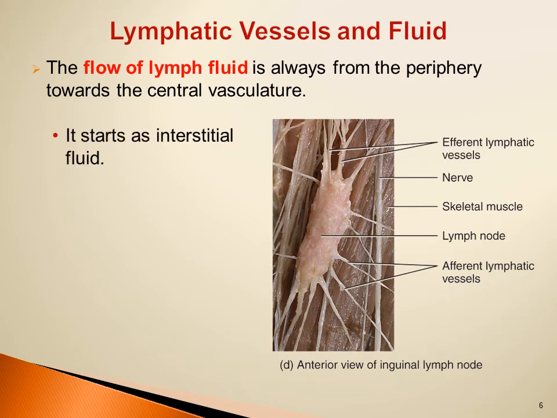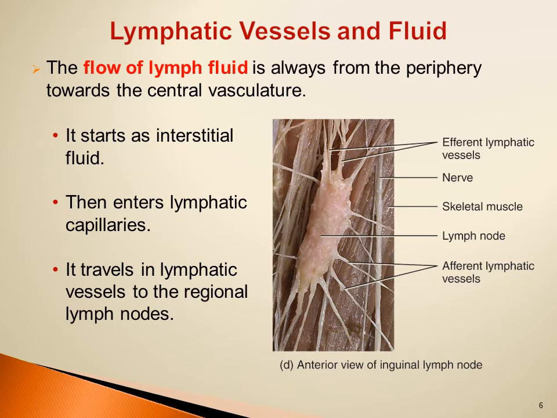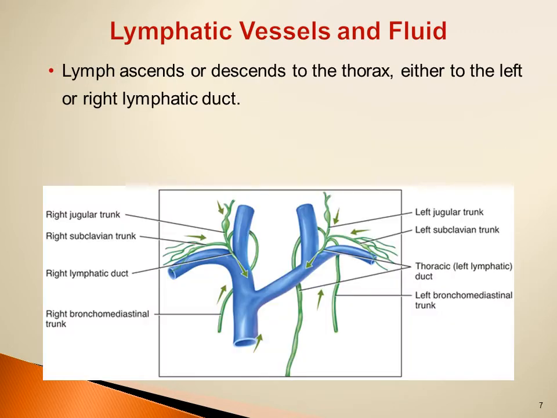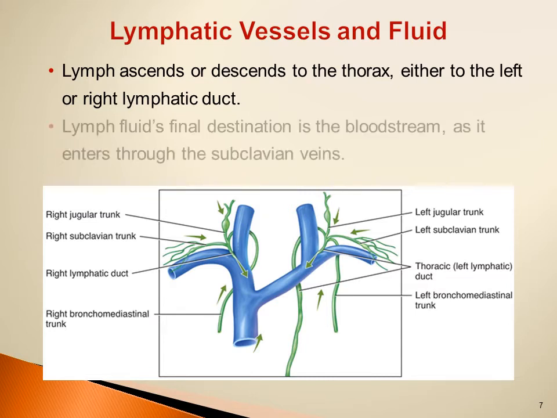It starts as interstitial fluid, then it enters the lymphatic capillaries, and then finally it travels in the lymphatic vessels to the regional lymph nodes, and then lymph ascends or descends to the thorax, either to the left or right lymphatic ducts that you already studied in anatomy, and then the lymph fluid's final destination is the bloodstream as it enters through the subclavian veins.